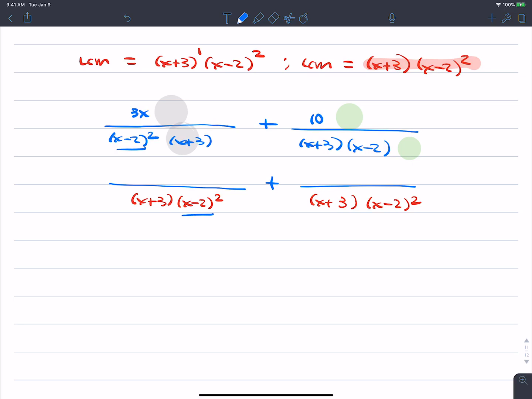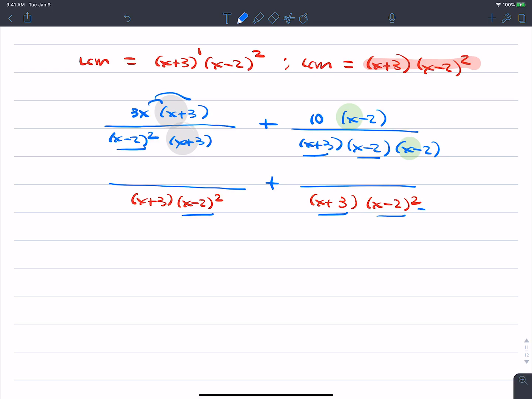This is an x plus 3. And then this is an x plus 3. We got an x plus 3 here, an x plus 3 here. We got an x minus 2 to the first power, but an x minus 2 to the second power. We need an x minus 2. That will make the denominator look like the LCM.